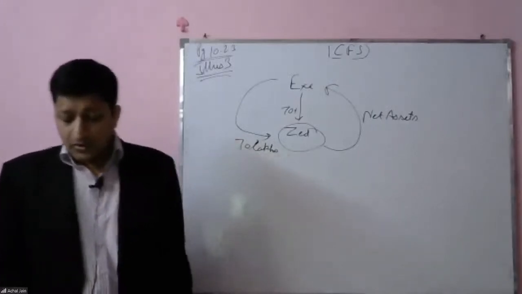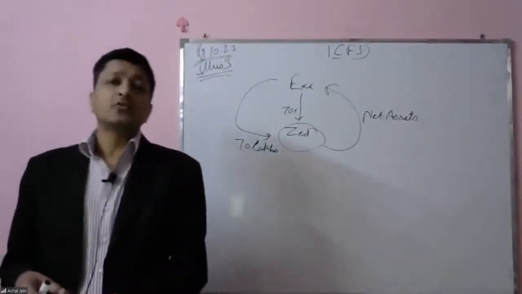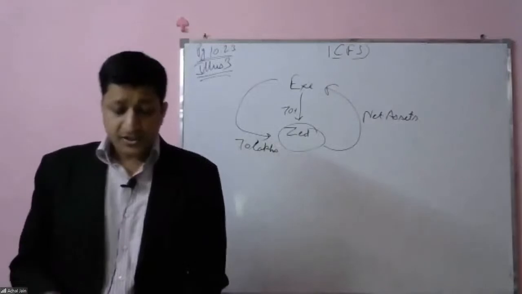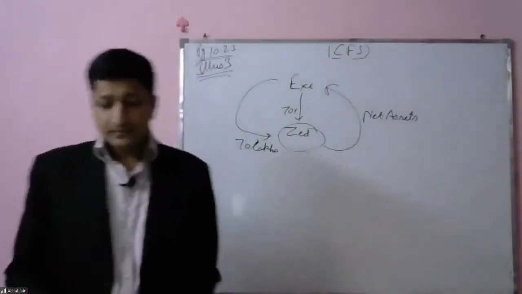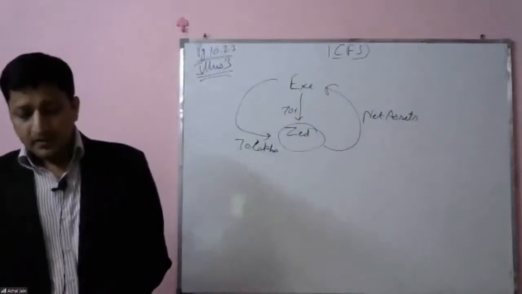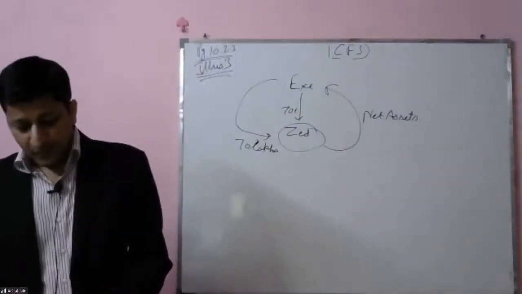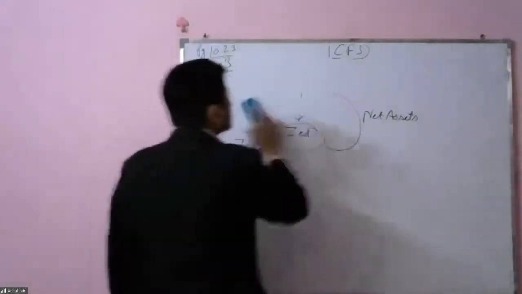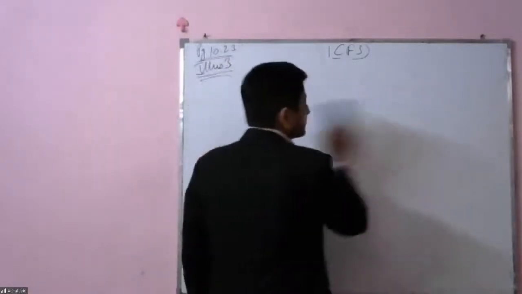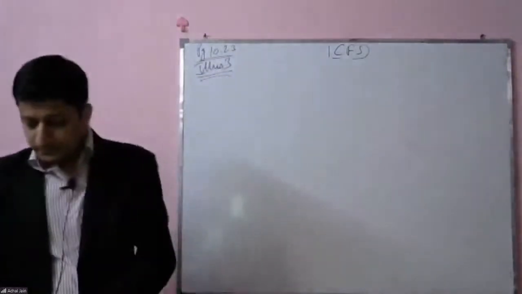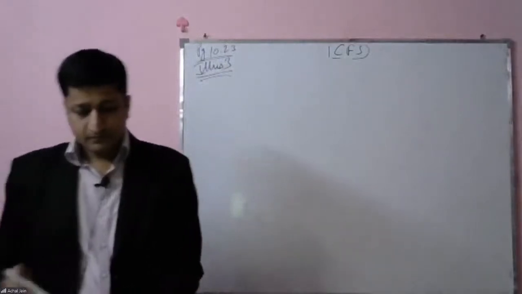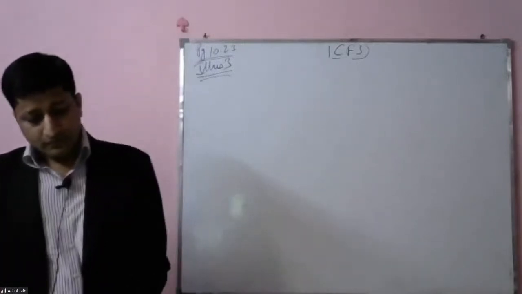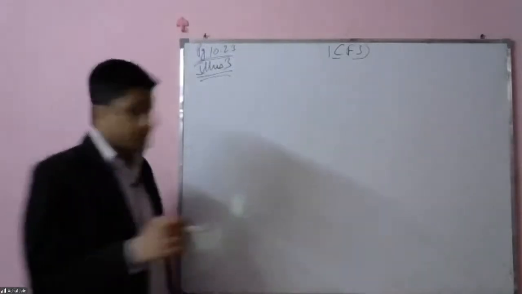Now, for this computation of goodwill or capital reserve, we need only two things. One, purchase consideration. And what is the second thing? Second thing, that is net assets. Okay, so let's move on to this computation now. We need two things now.